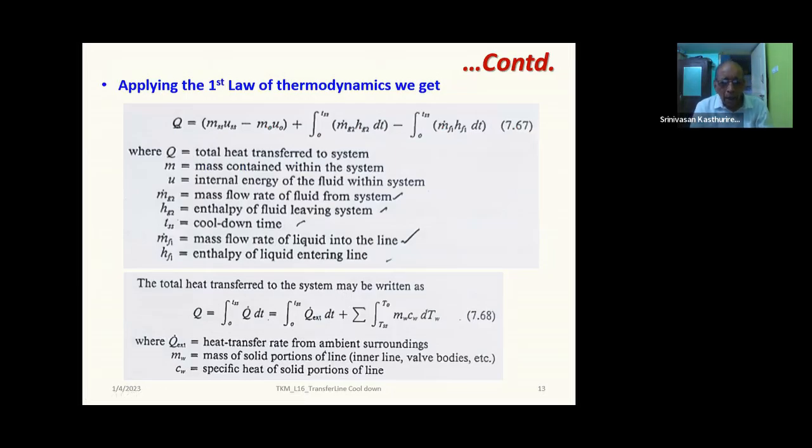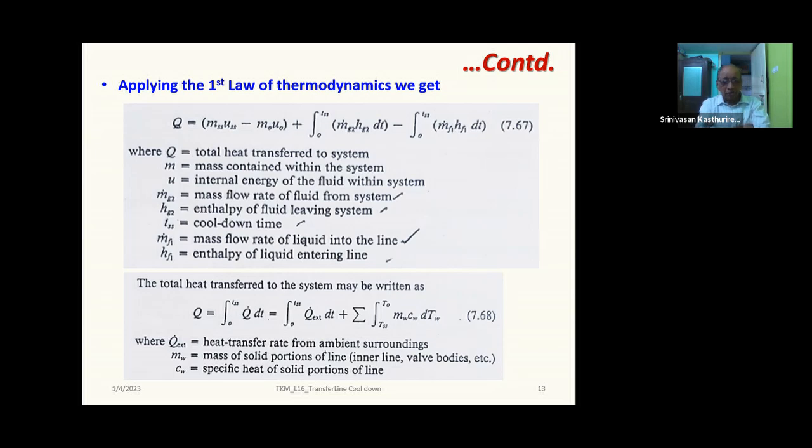U is the specific internal energy of the fluid in the system, U_SS. And m dot G2 is the mass flow rate of the fluid outgoing from the system. H_G2 is the enthalpy of the fluid leaving the system. T_SS is the cool down time. m dot F1 is the mass flow rate of the liquid into the line, and H_F1 is the enthalpy of the liquid entering the line. So these are the various parameters.